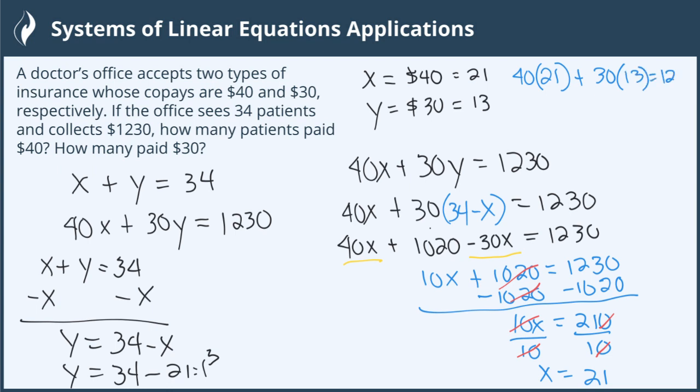Does that equal 1,230? Well, 40 times 21 gives us 840, and 30 times 13 gives us 390. If you add those two together, you do indeed get 1,230.